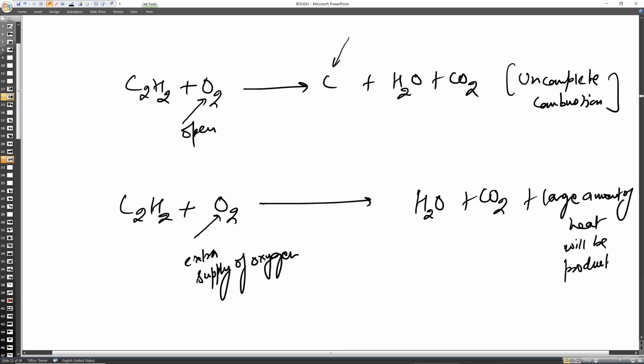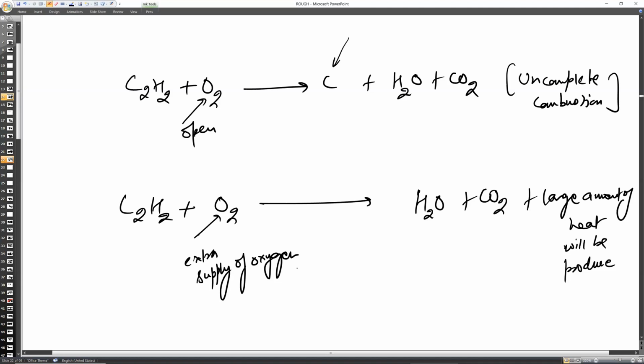A large amount of heat will be produced that is sufficient to melt the metal for welding purpose, because you cannot melt the metal with a candle, right? Like a candle burning, the acetylene gas burns in open air with a lot of black smoke and unburned carbon particles.